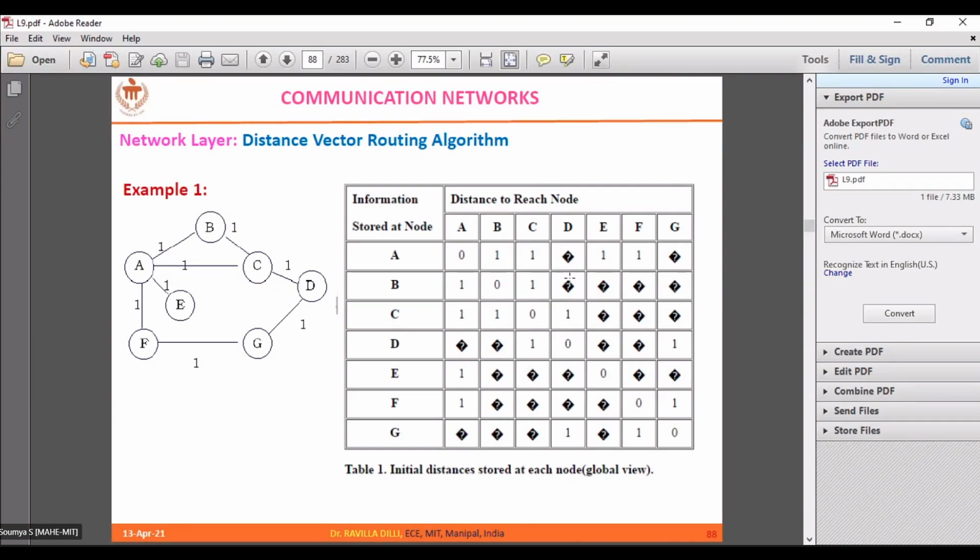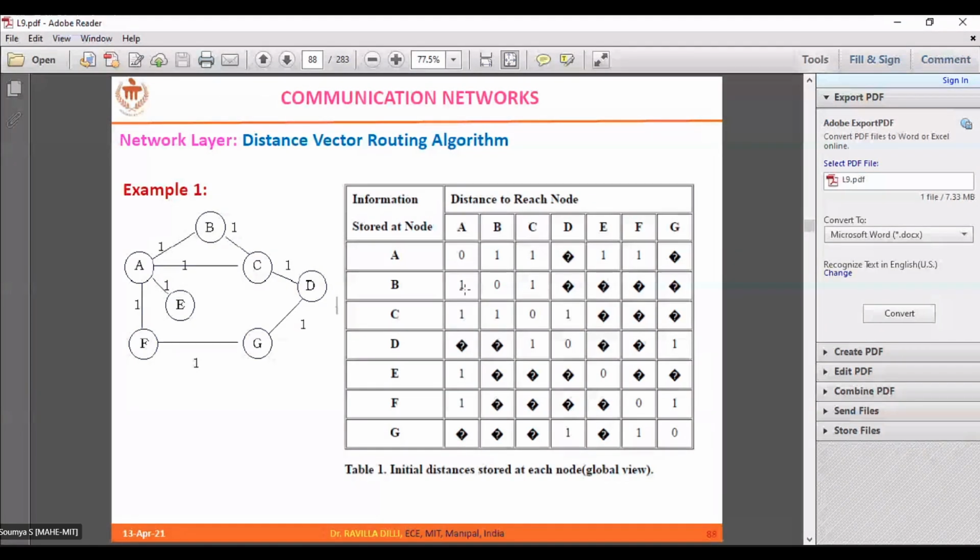You observe A also does not know the distance to D. B also doesn't know the distance to D. B doesn't know the distance to E also. But A knows the distance to E, and what is it? It is 1. Right? A to E and A to F, the distance is 1. Now based on this, can B not write its table?